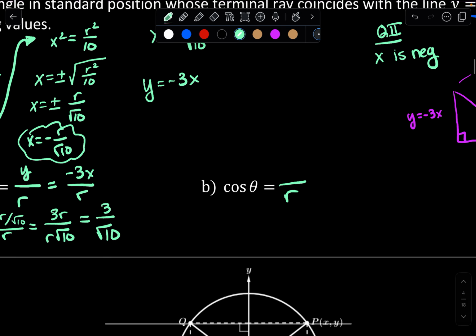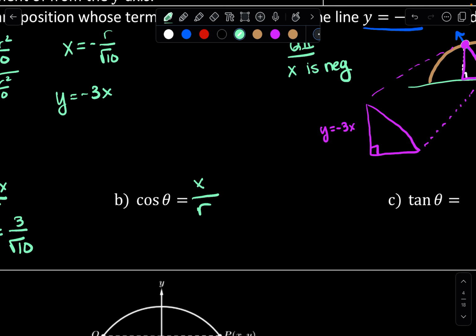For cosine, we're going to have x over r. My x again is going to be negative r divided by root 10 all over r. So we have an r, so usually we'll cancel stuff out when they're both in the denominator. You can also do the same when they are in the numerator.